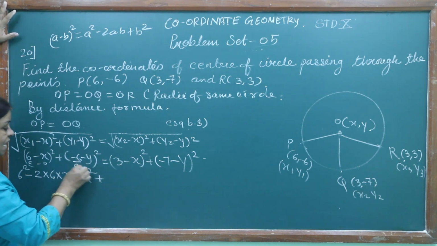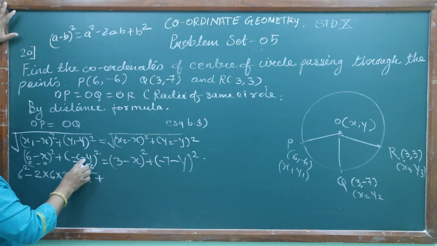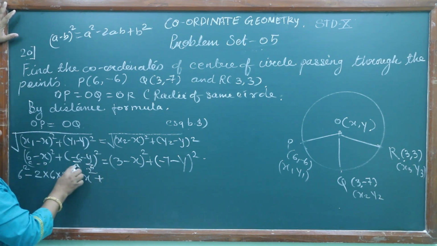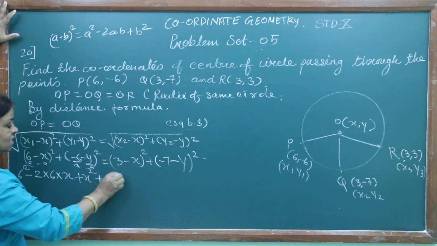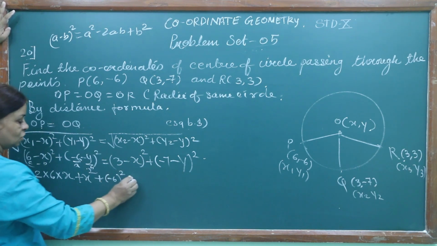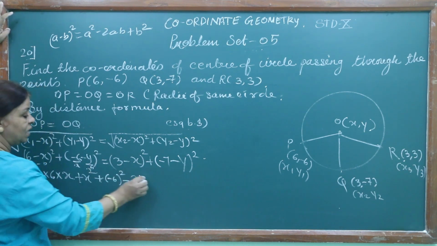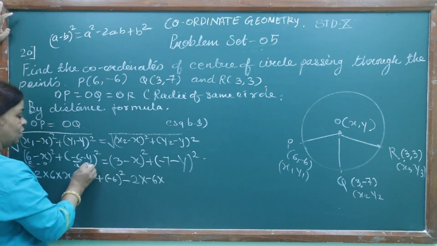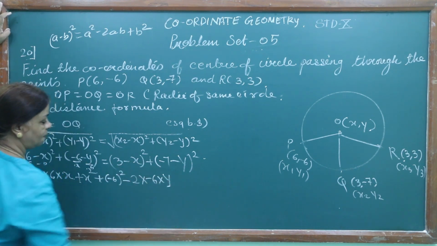This is a and this is b. (a minus b). Okay. Minus 6 the whole square minus 2 into a. What is a? Minus 6 into b. What is b? y. Okay.